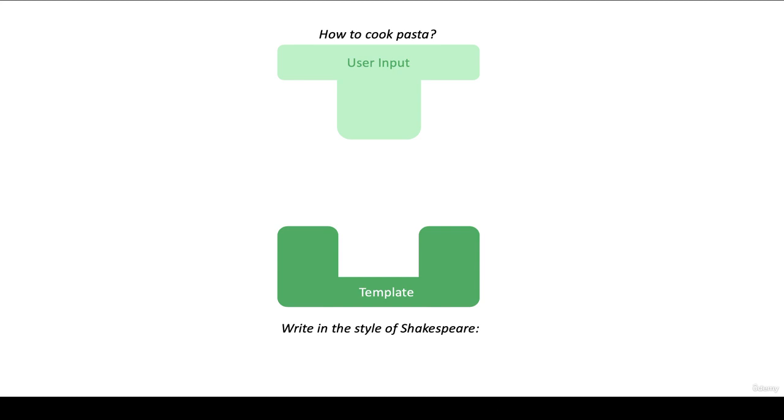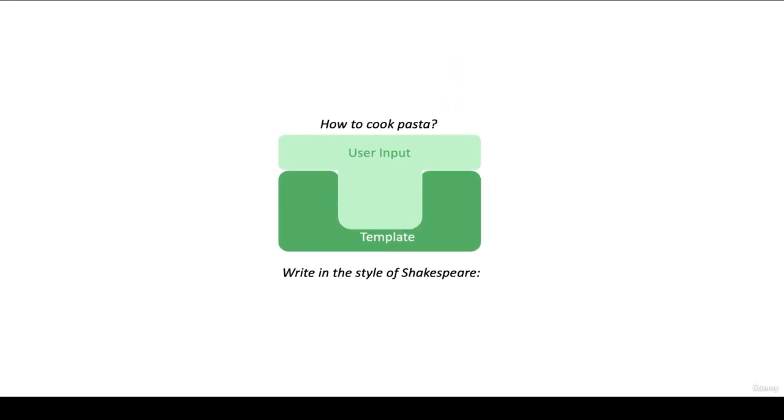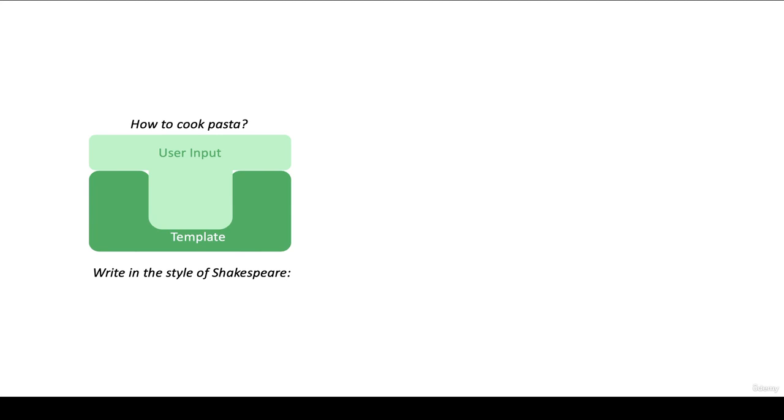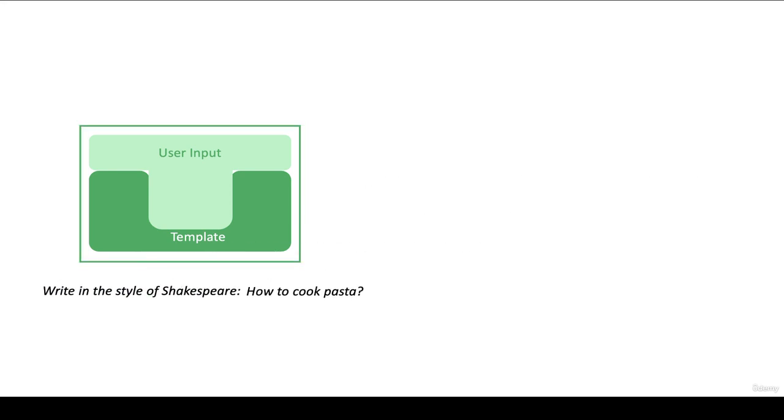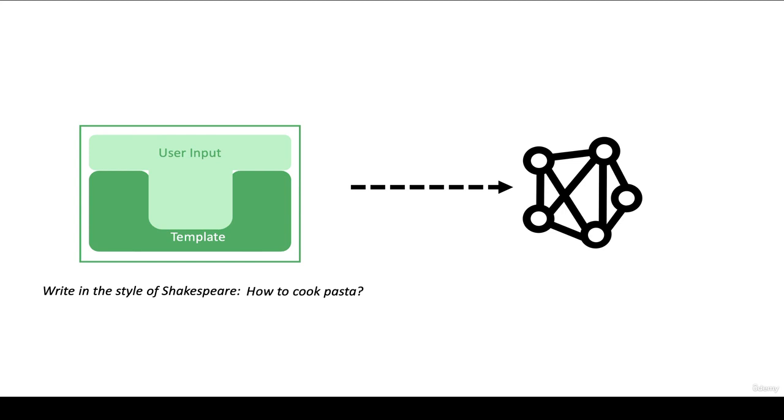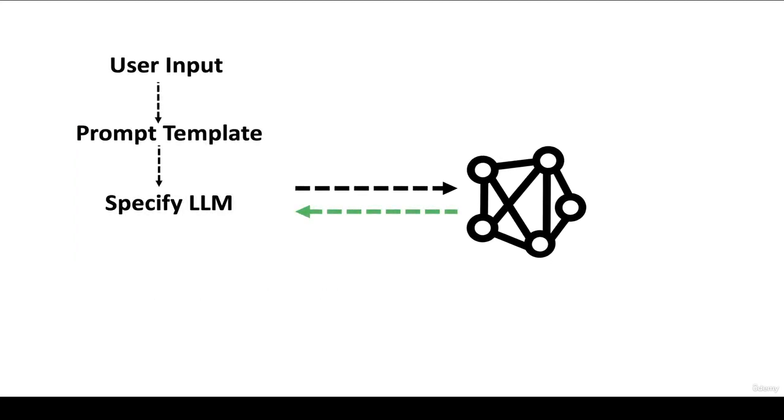So in this case, we have the template that takes user input and combines that together and sends a single prompt to the large language model: write in the style of Shakespeare, how to cook pasta. And once this prompt is together, we can now call the large language model and get the response back, as in the rest of the flow that we have seen.